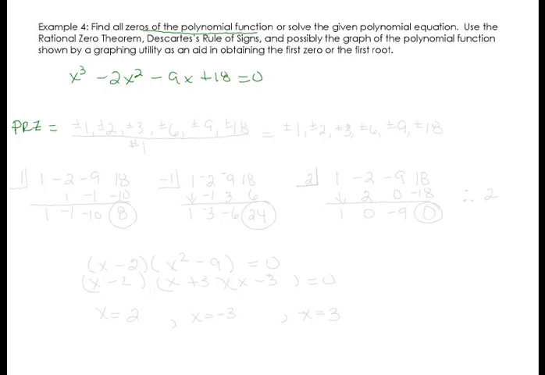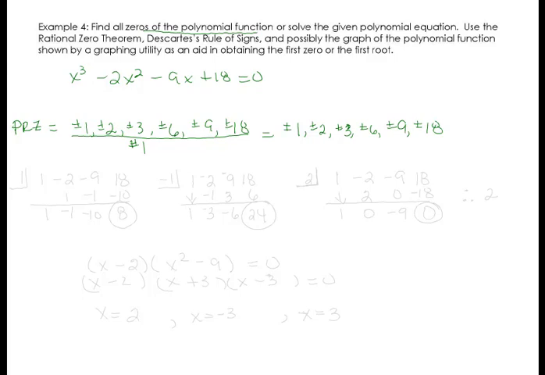So we're looking at the constant term, which is 18 here: plus or minus 1, plus or minus 2, plus or minus 3, plus or minus 6, plus or minus 9, plus or minus 18, all over the leading coefficient, plus or minus 1. So our possible zeros are plus or minus 1, plus or minus 2, plus or minus 3, plus or minus 6, plus or minus 9, plus or minus 18.